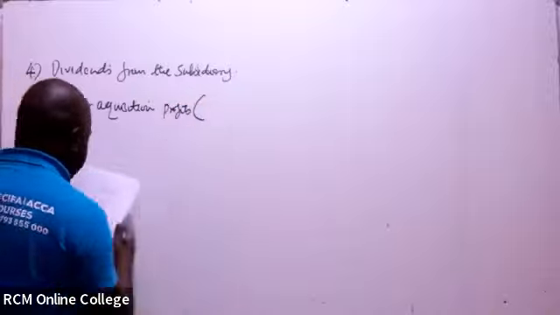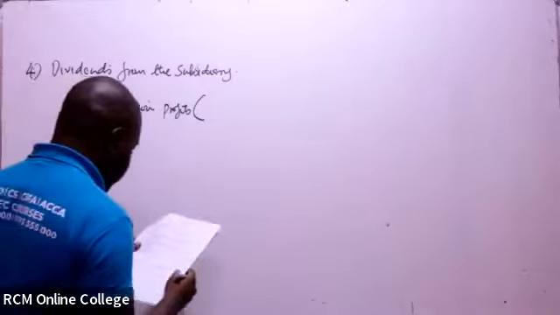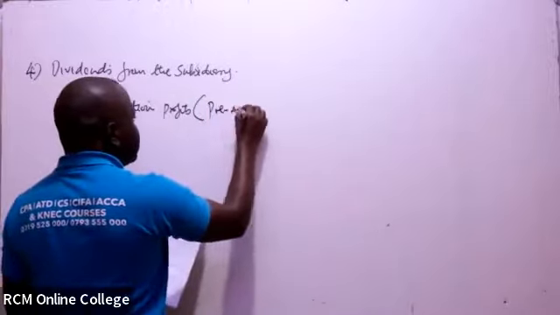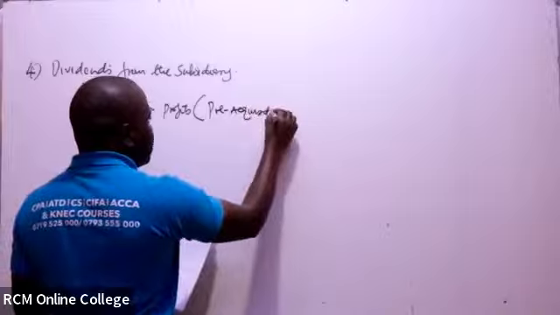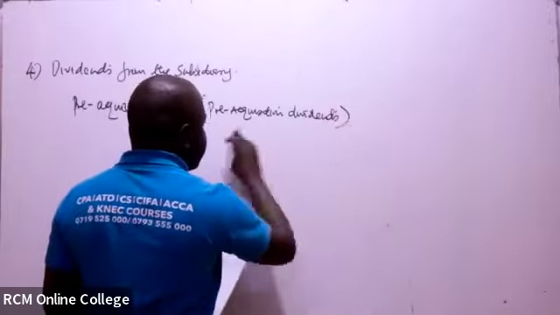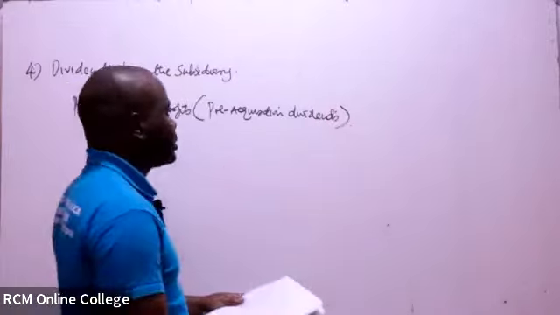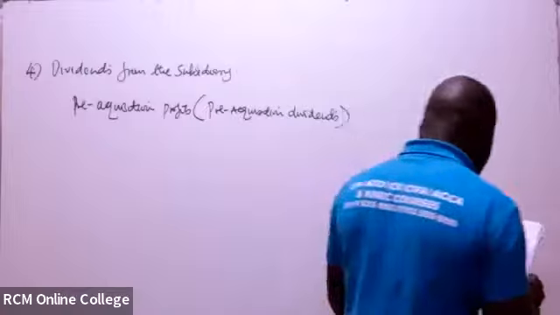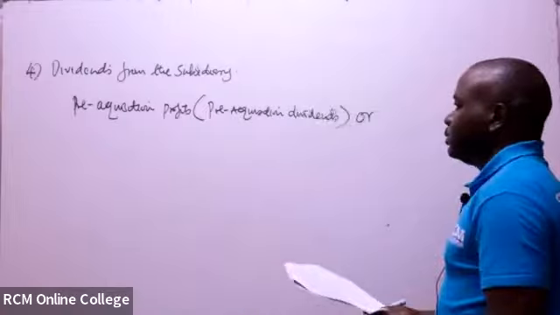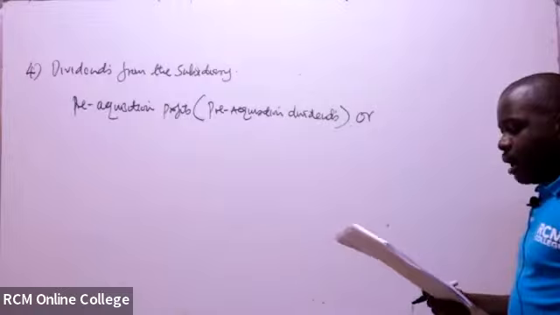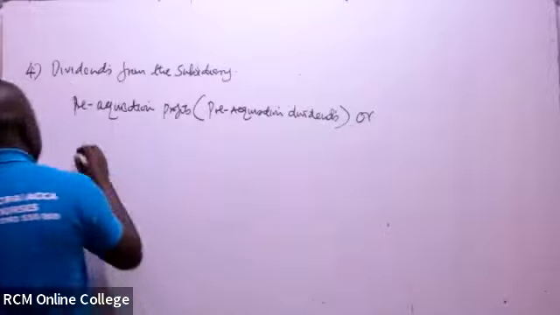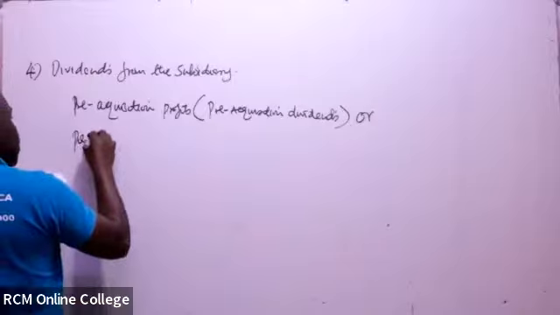You put in bracket, pre-acquisition dividends. We call it pre-acquisition dividends: the dividends that were actually paid by the subsidiary before it was acquired. Or it can be paid out of post-acquisition profits, that is, after acquisition.